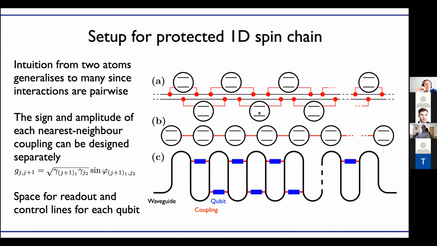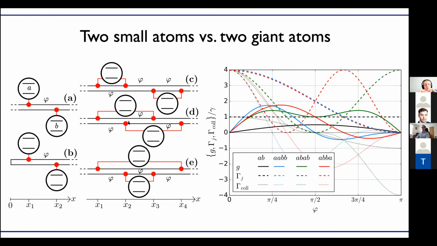In this case, this effectively is like a 1D chain, with nearest neighbor protected couplings without any decay. And you can calculate the decay is proportional to phi, the phase difference between these two inner points.